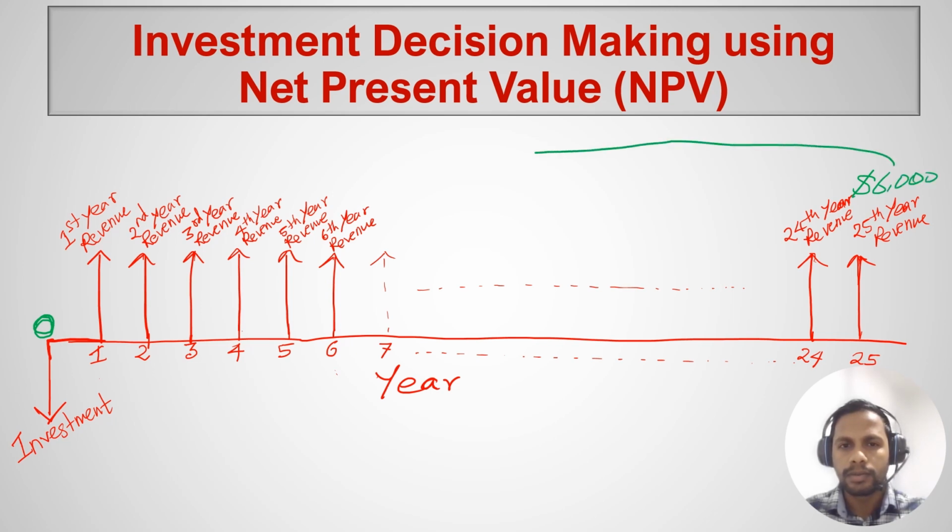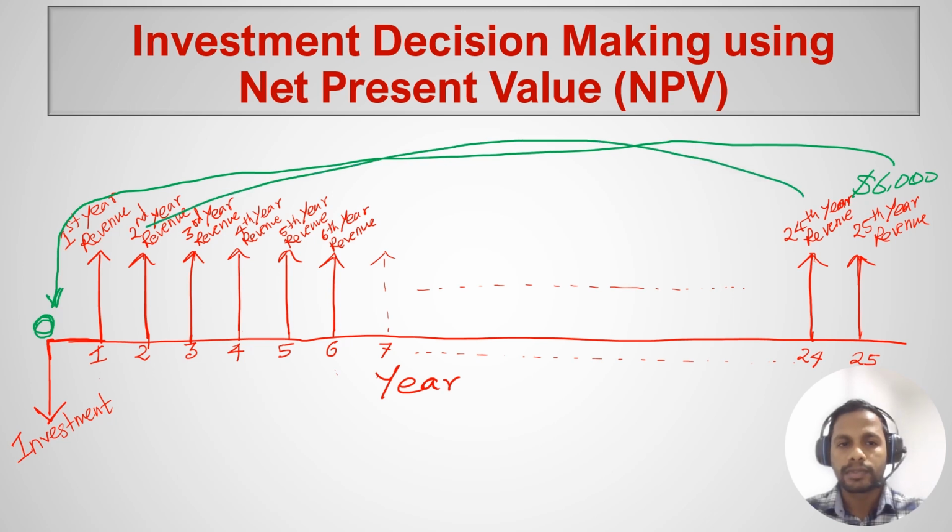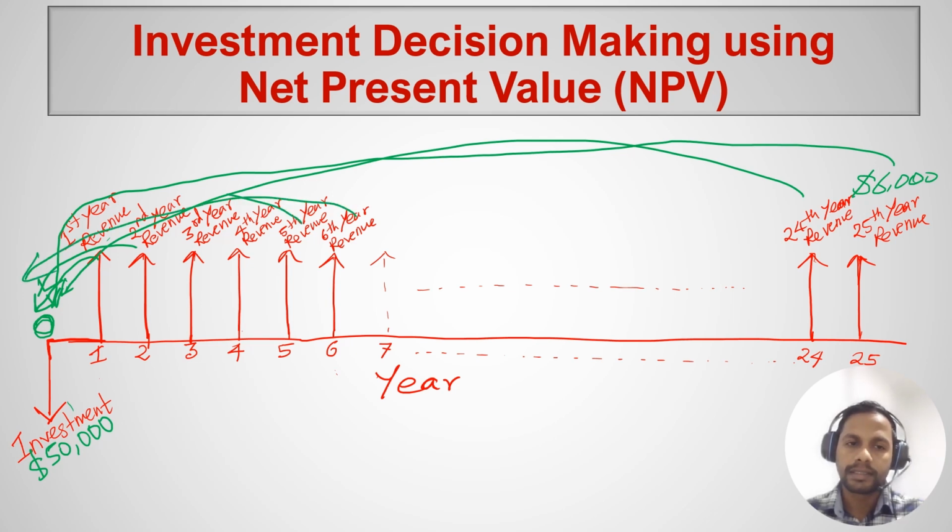I want to bring this $6,000 to my zeroth timeline, where I'm investing my $50,000. All the cash flows have to be brought to the same timeline, and we choose the zeroth timeline because that is where we invest the $50,000. So we bring all the revenue to the current timeline.